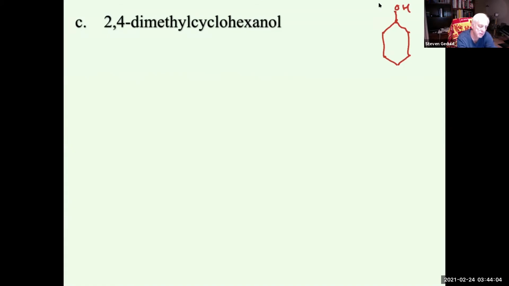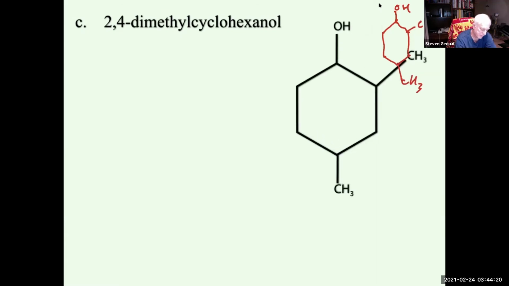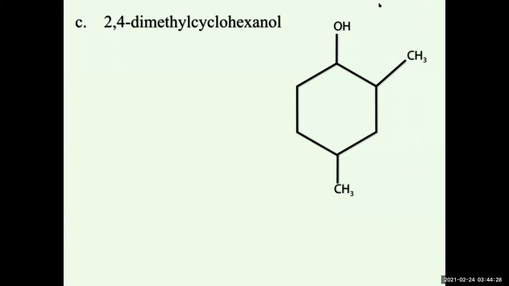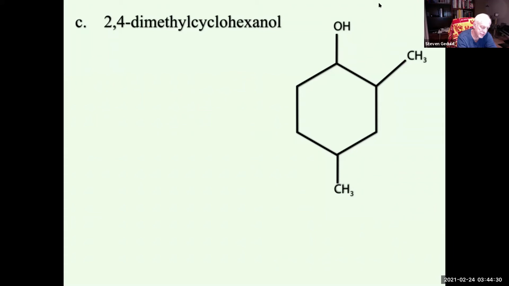And at number 2 and number 4, there's a methyl group. So 2,4-dimethylcyclohexanol. Let me get rid of my drawing there. That one's a little bit better. Cyclohexanol, 6 carbons. By definition, the OH group is always number 1, then 2, 3, 4, 5, and 6. So 2,4-dimethylcyclohexanol.